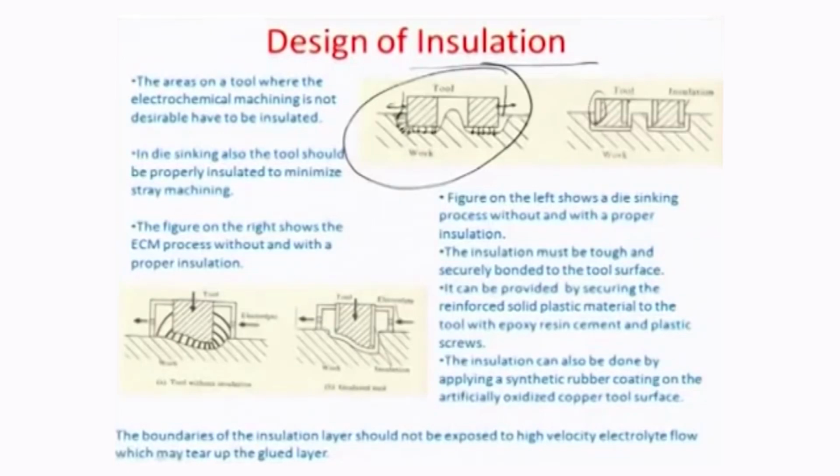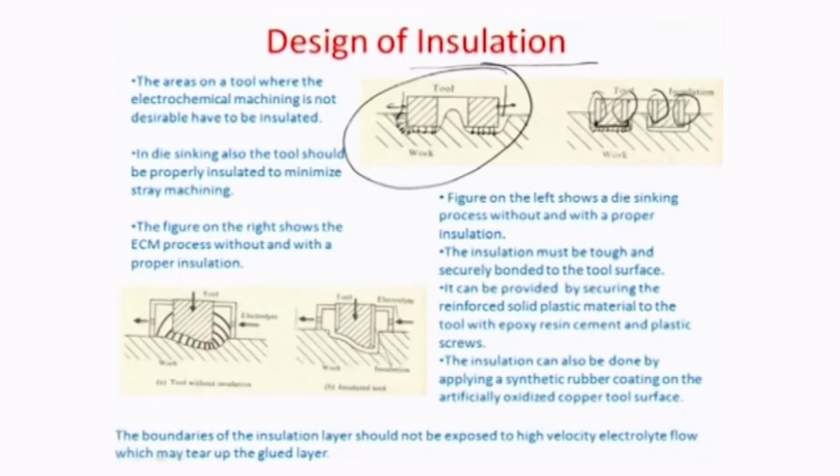And so, one way to prevent this from happening is to somehow stop the field. You cannot stop the flow of the electrolyte because it goes and covers all the surface, but you somehow stop the field from going and taking out the material at the corners by designing this insulation on the tool surface. This would typically mean that the current density vector, which is responsible for all the electrochemical movement, is only confined to this portion of the surface.